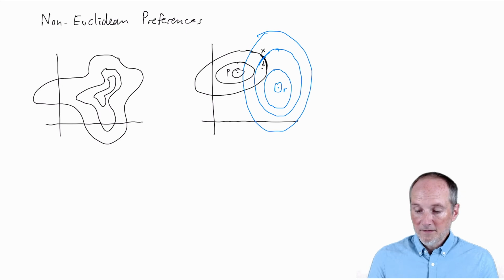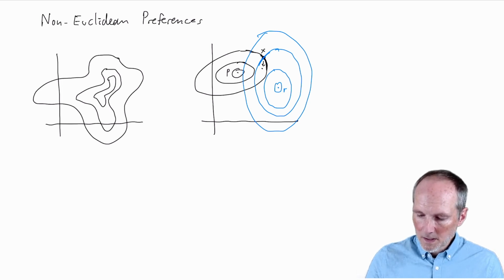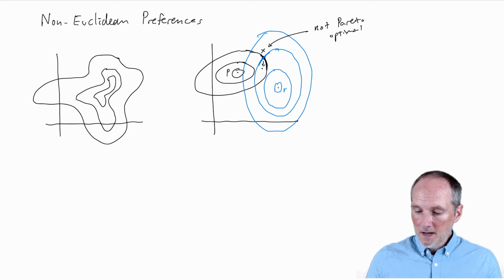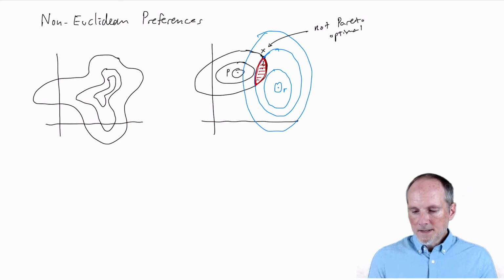That means we've now moved to a policy where both politicians have higher utility. So X was not Pareto optimal. Another way of seeing this geometrically is that the indifference curves through X form this lens, and that lens consists of policies that give both decision makers strictly higher utility, so X can't be Pareto optimal.